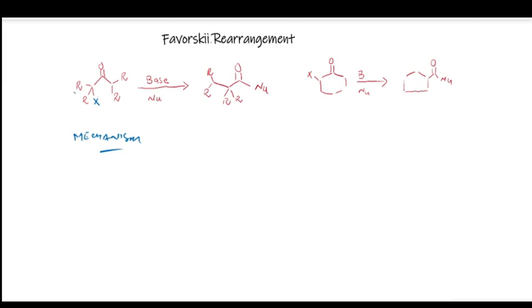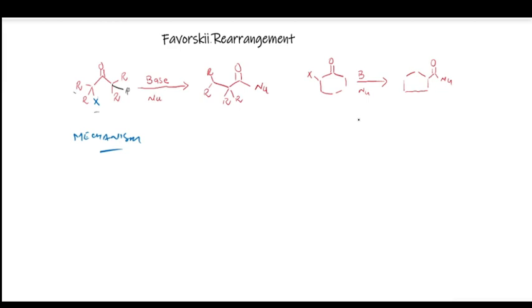The primary requirement for this reaction to happen is the presence of at least one alpha hydrogen on the opposite side of the ketone, the side opposite to which the halogen is attached. So let's see how the mechanism works.